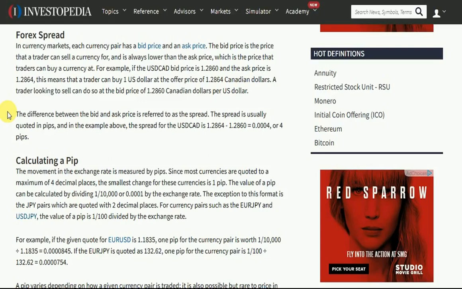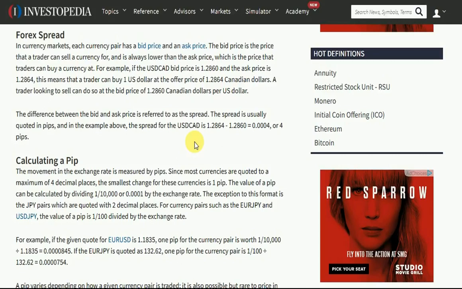And so for every trade you make, when you decide to either buy or sell a currency pair, the spread is what we call the profit that the broker makes. So let's say you want to buy US dollars, Canadian dollars, and the price is 1.2860.